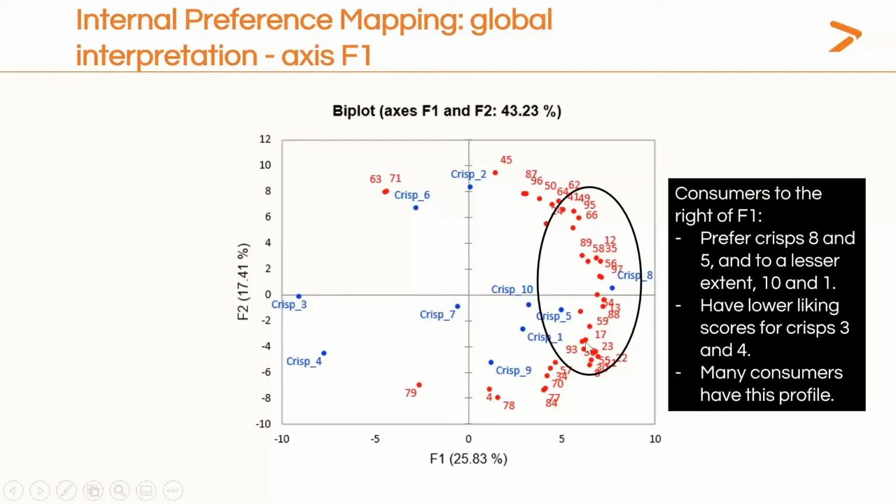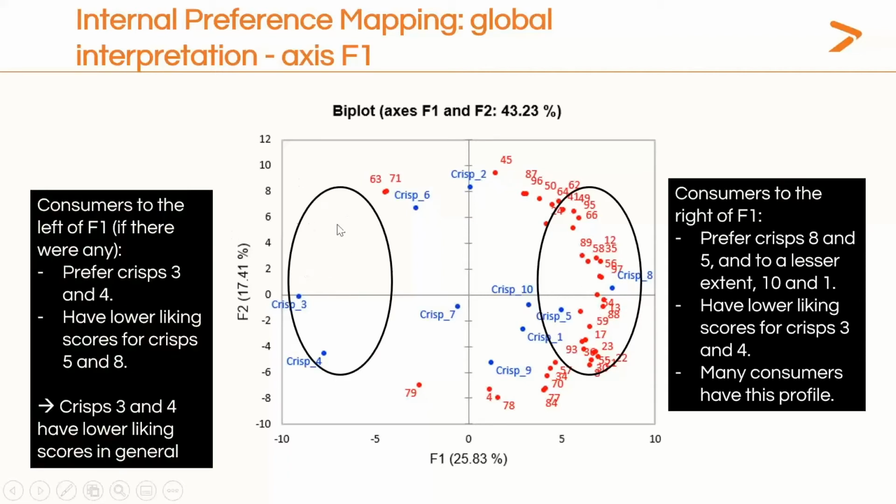They like the crisps which are close to them along the axis, and they have lower liking scores for brands which are on the other side. We noticed that there are many consumers who have this profile. So maybe crisp number 8 is quite popular on the market. It's quite appreciated, at least on the market.